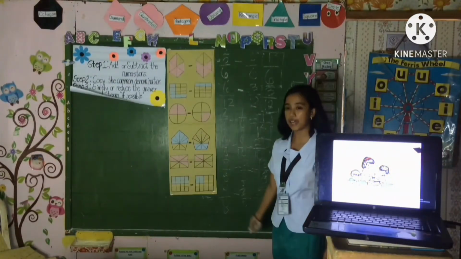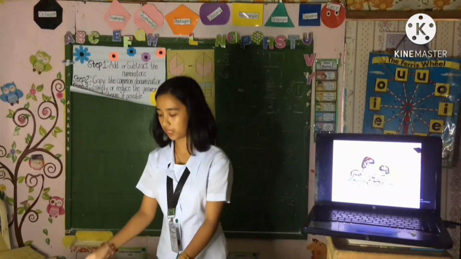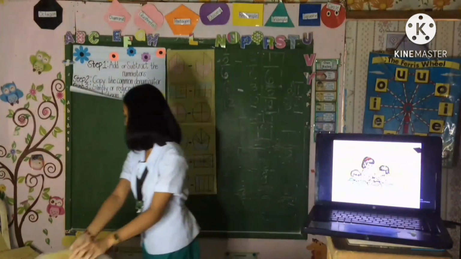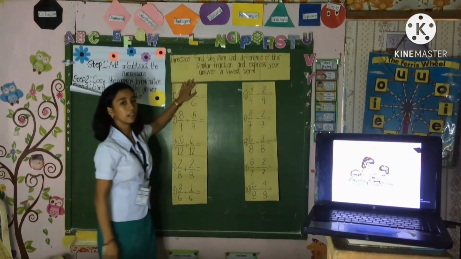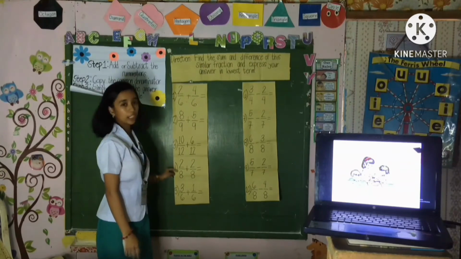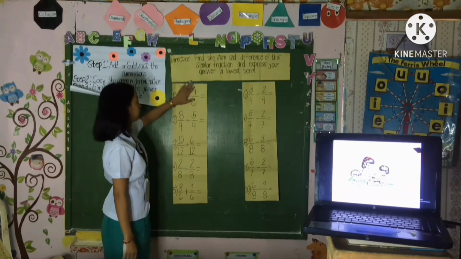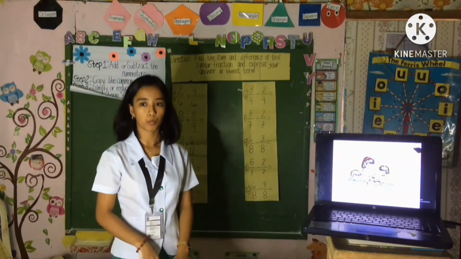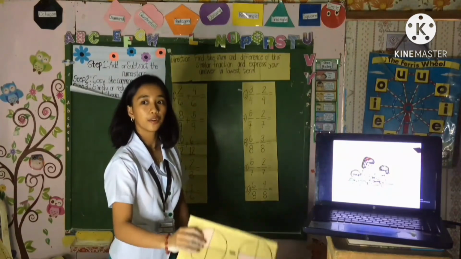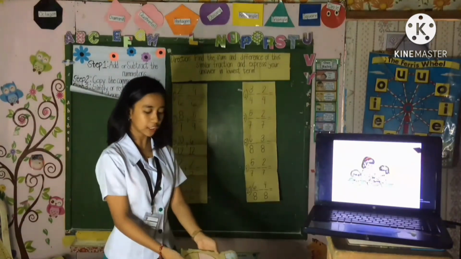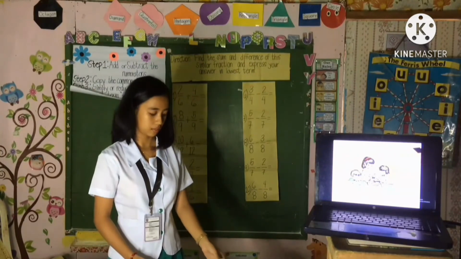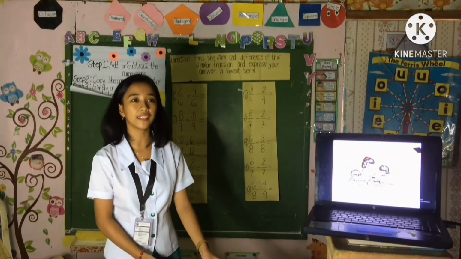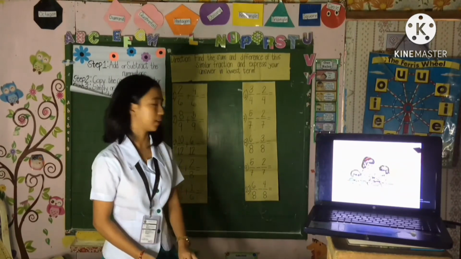Did you understand, class? Okay, now let us proceed to your activity. Activity: find the sum and difference of these similar fractions and express your answer in lowest term. You may now start to answer. All done? Very good. Let's check your answer. Who got 10? Very good. 9. Nice one. 8. Okay.